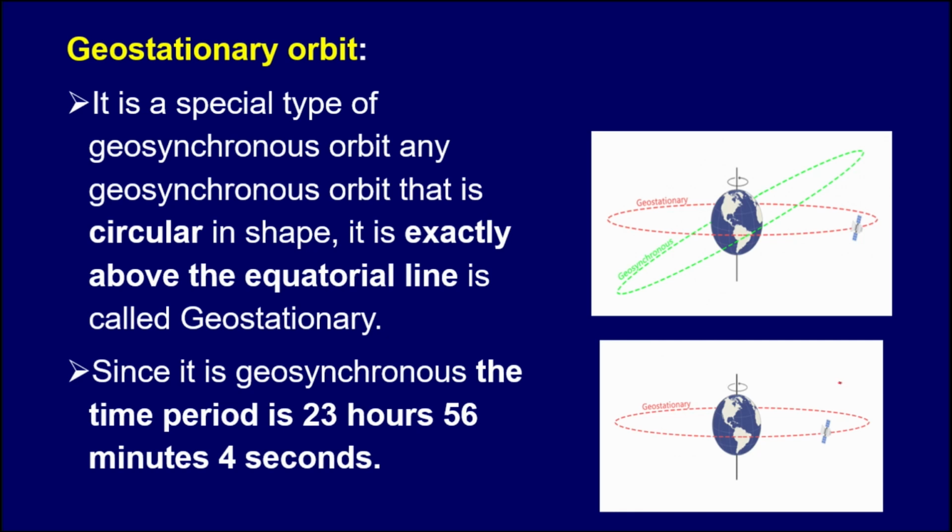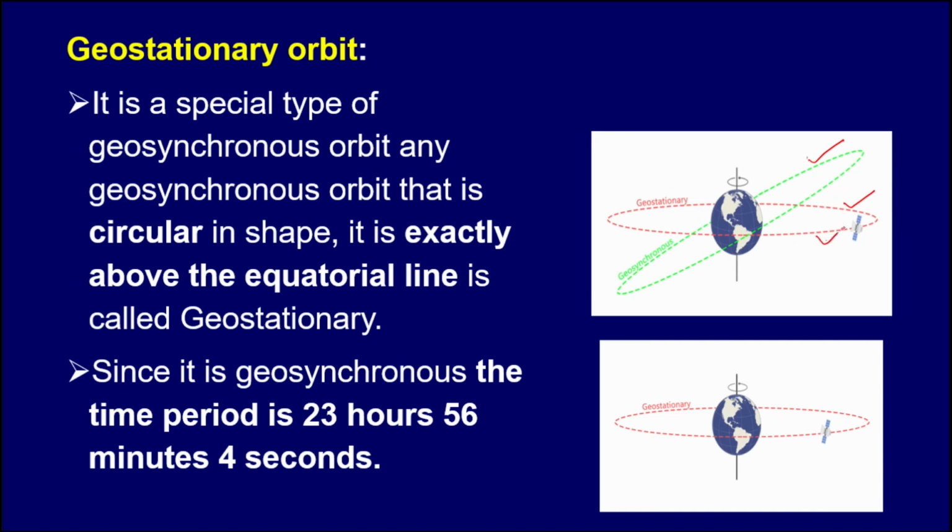If you look at this picture here, we have two types of orbits. One is this one and another is this one. In these two, both might have the same time periods, but both are not geostationary orbits.